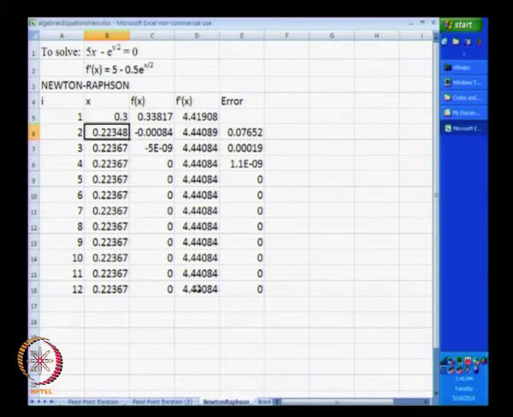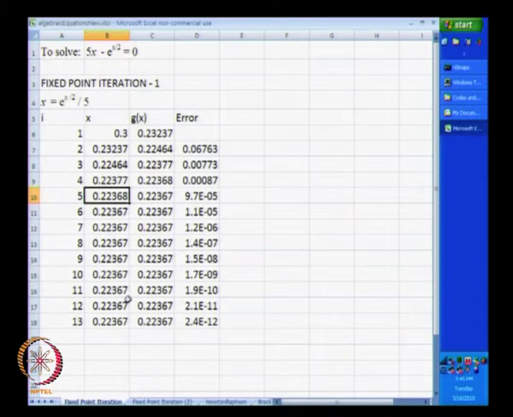Let us start with another point, which is less than the first solution, and again we find it takes essentially 3 iterations. Within 3 iterations our solution converges. Our x4 is again the desired solution.